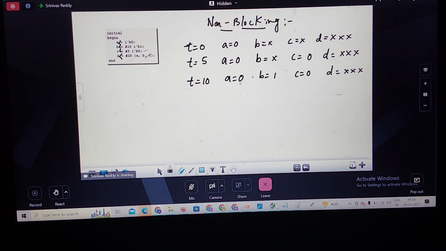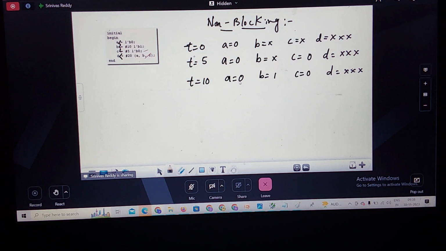X, X, X. Then the next execution is at time t equal to 10, with X, X, X again. Then at time t equal to 20, A is 0, B is 1, C is 0. What is the D value? D should be X, X, X because these are non-blocking statements.